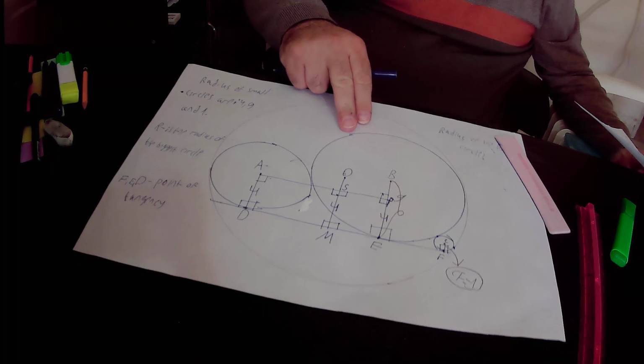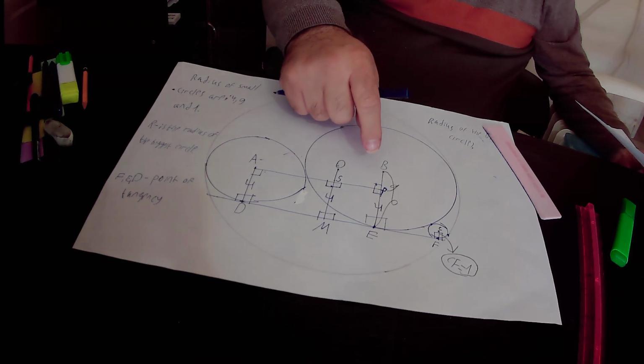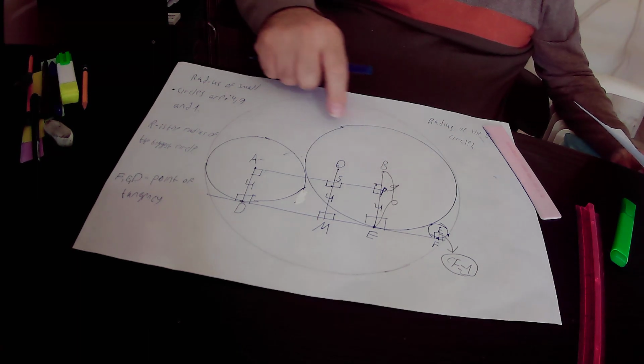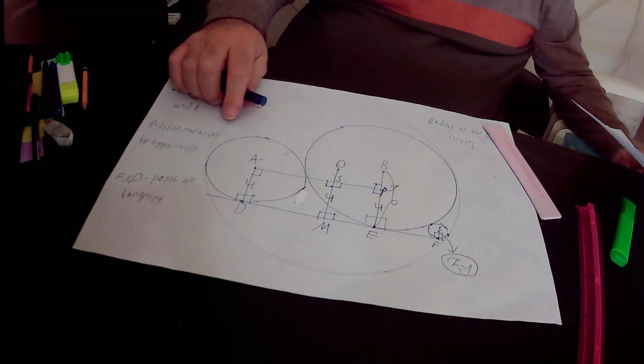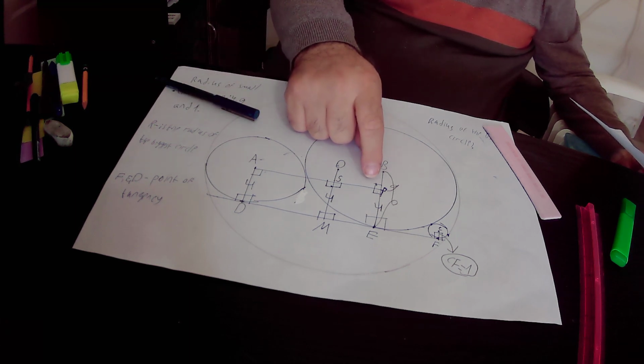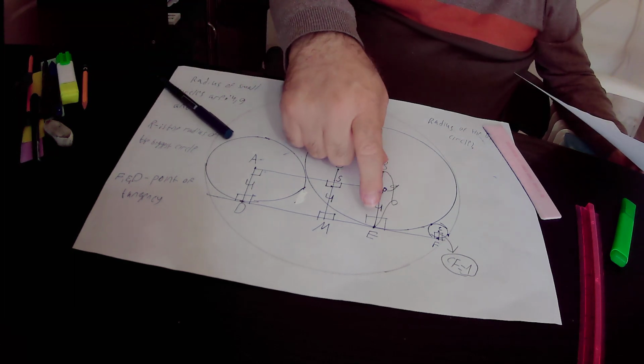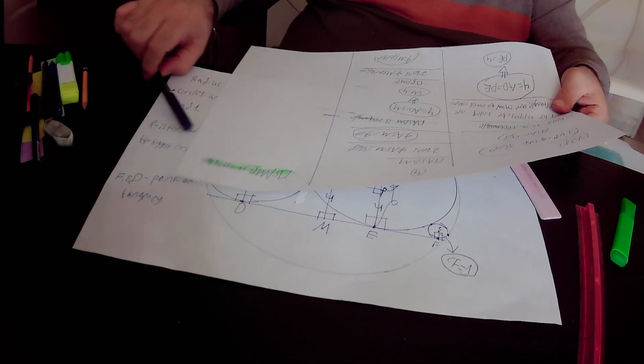we know what is the size of line segment BP. You can see it from the drawing that BP equals BE minus PE.